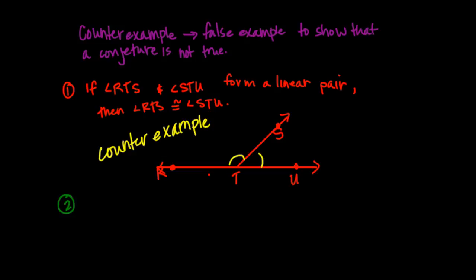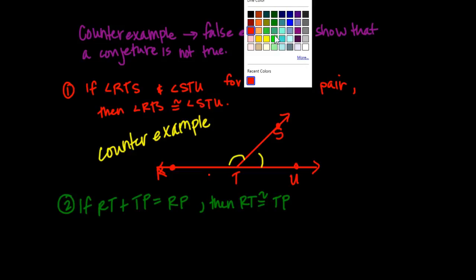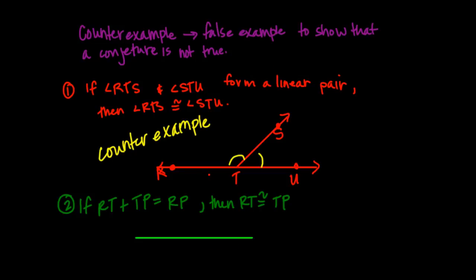All right, here's the second one. If RT plus TP equals RP, then RT is congruent to TP. All right, again, draw a picture. You're going to hear me say this a lot this year. Draw a picture and let's look at this. All right, so let's get a segment going here.